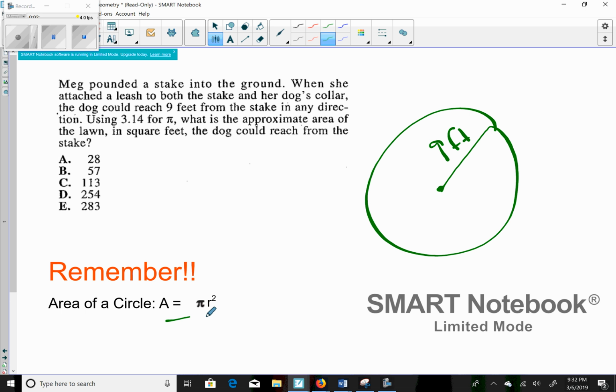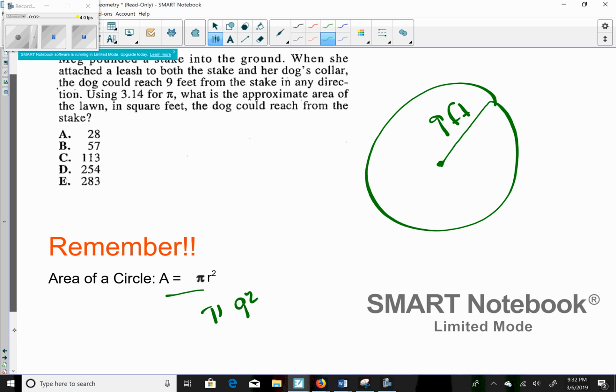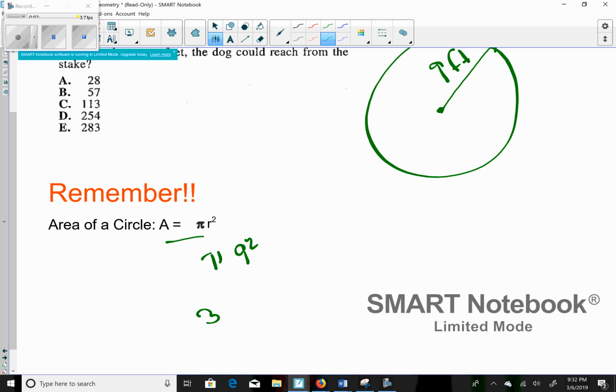So my area is going to be pi r squared. So in this case, it's going to be pi times 9 squared. They told me to use 3.14 for pi, multiplying that times 81, and I end up with 254.34. Looking at my answers, that's going to be choice D.